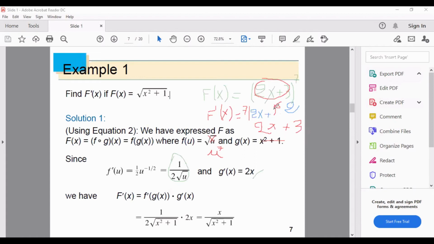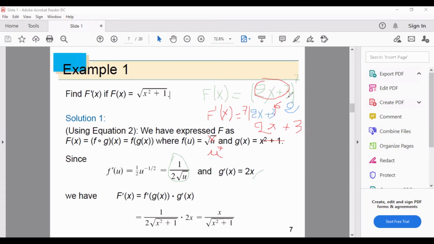So let's go back to the second example. We have 2x plus 3 to the 7. That is your function. It's the composition of two functions. The inside function is 2x plus 3, that means g of x, inside the parenthesis, and the outside function is parenthesis to the 7. Then small f of u is equal to u to the 7. What about its derivative?